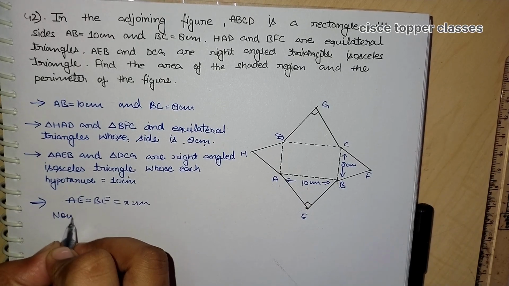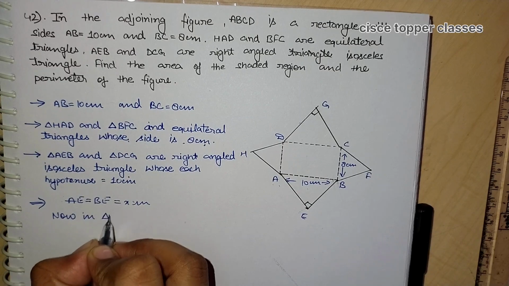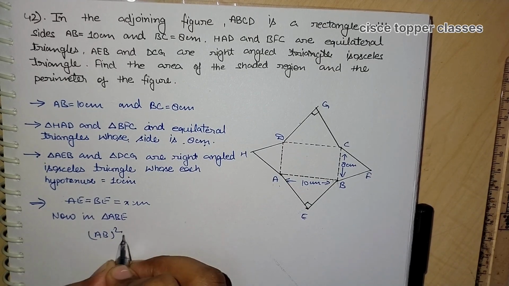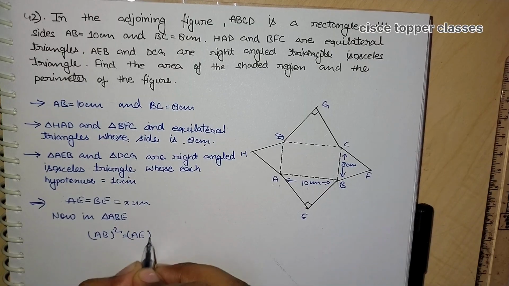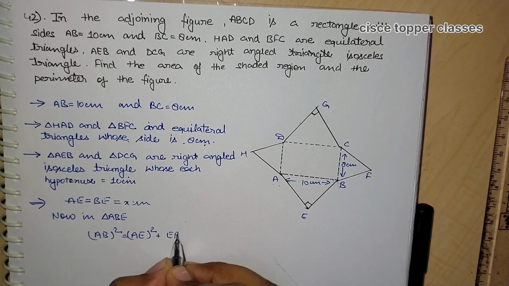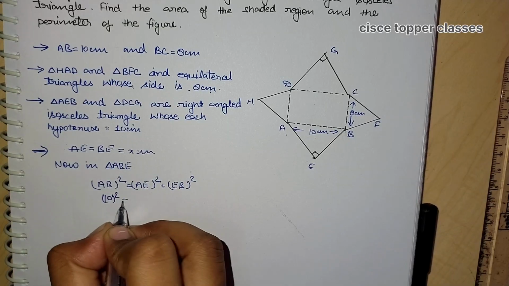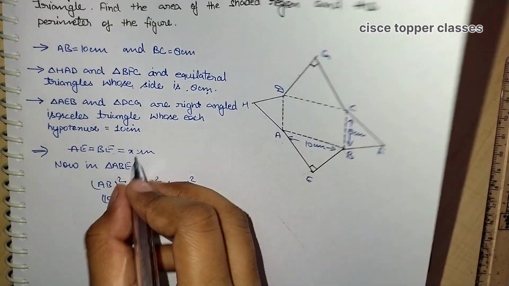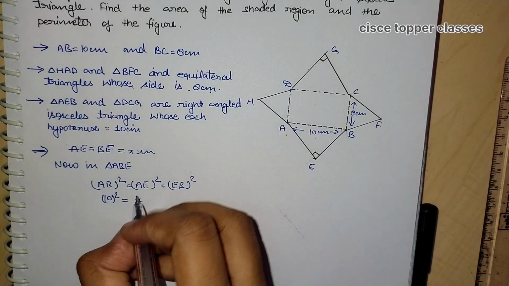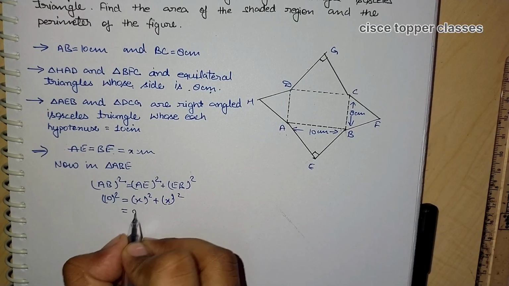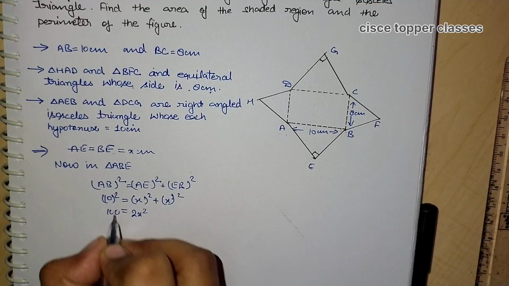Now by Pythagoras theorem we can find in triangle ABE. By applying it, we can write the hypotenuse whole square as base whole square plus height whole square, that is EB whole square. We'll put the value AB as 10, so 10 whole square equal to AE as x, because we have let AE and BE as x. So x square plus x square, this will be 2x square equal to 100.